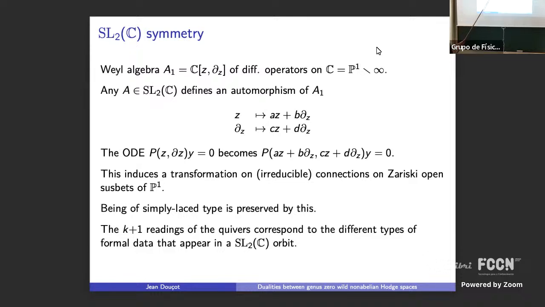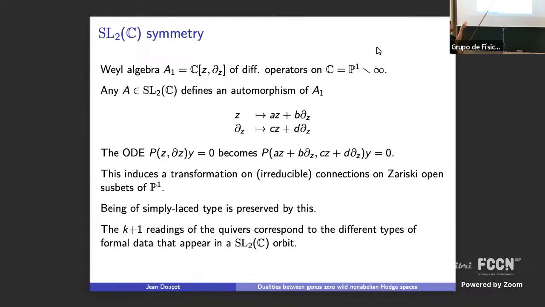Such an automorphism can induce a transformation at the level of an ordinary differential equation. You have a polynomial in those variables z and partial z, and you get a new polynomial. You can consider the corresponding equation.